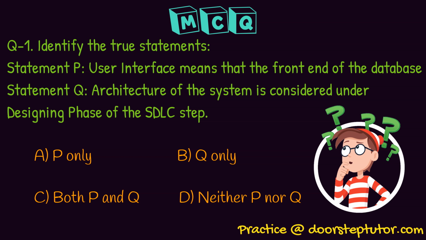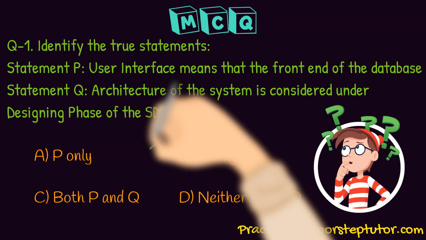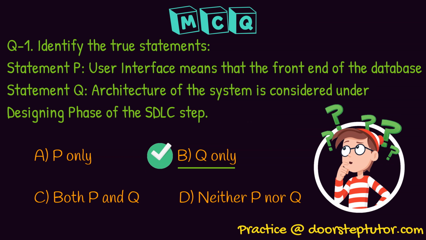So we need to identify the true statement only. So statement Q is true, statement P is incorrect. The reason being, database always means the back end, while the interface is the front end. So we cannot combine both, front end and back end. That means statement P is incorrect and statement Q is correct.